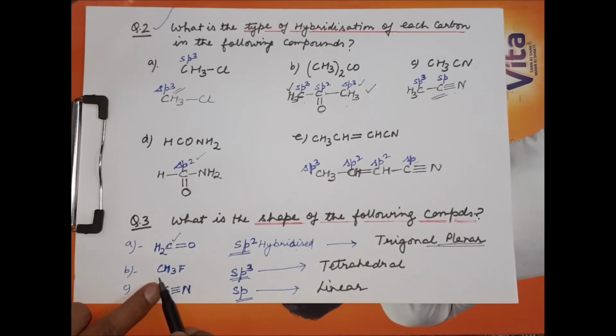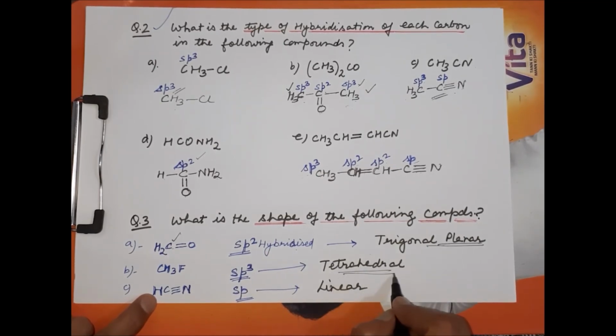Next example is CH3F. Here all are single bonds, so this carbon is in sp3 hybridized state, and in sp3 hybridization state the shape is tetrahedral.